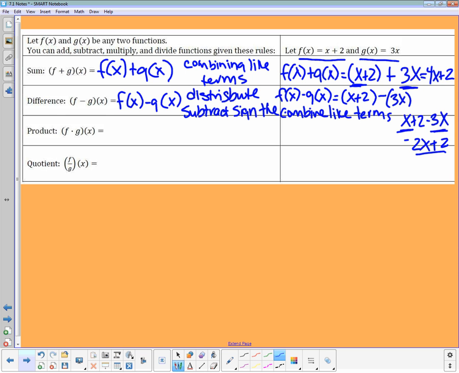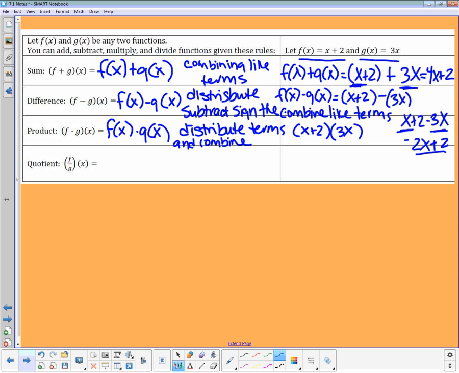Next one is looking at the product. We have f times g of x. This can be written as f of x times g of x. We distribute our terms and then combine. So if we're multiplying our two functions together here on the right, we'll have x plus 2, multiplying by g of x, which is 3x.